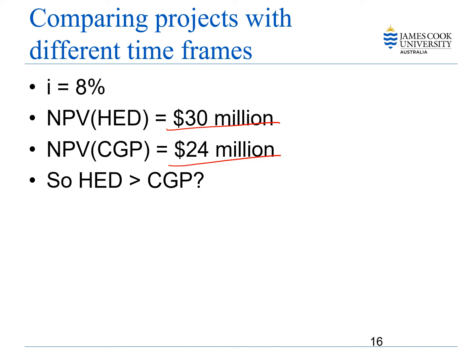The answer is no, because these two NPVs do not consider the fact that these two projects have different lengths of periods. If we compare 30 with 24 directly, then we are comparing apples with bananas.